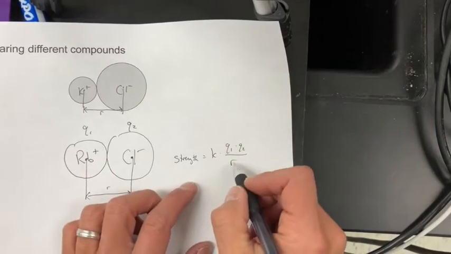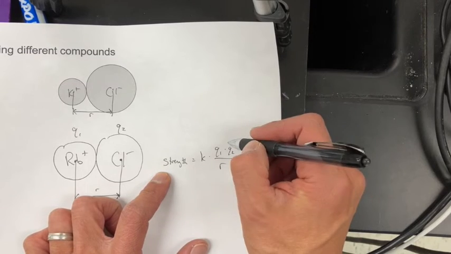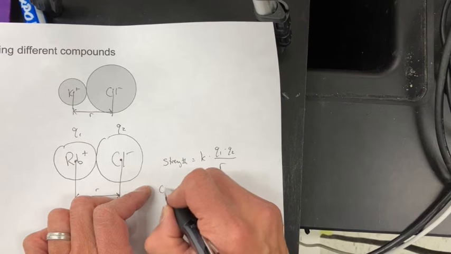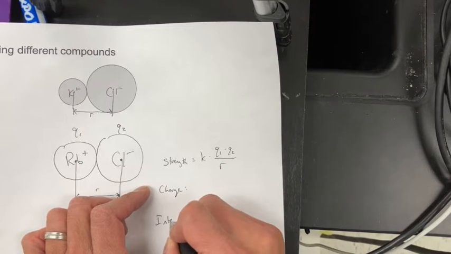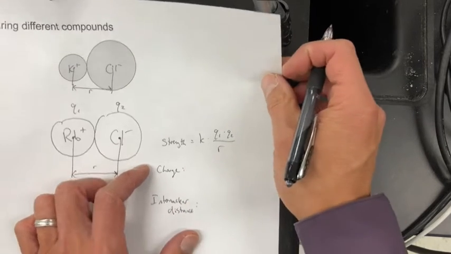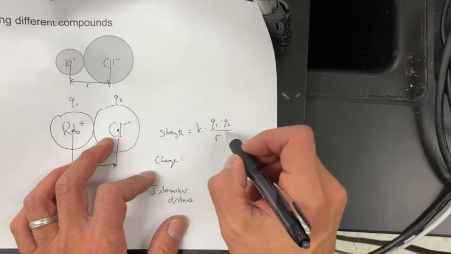When we describe how the strength changes, it's important that we talk about both charge and internuclear distance. A lot of your scoring on the AP test is going to be how you describe these things.